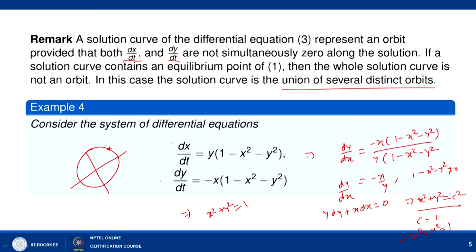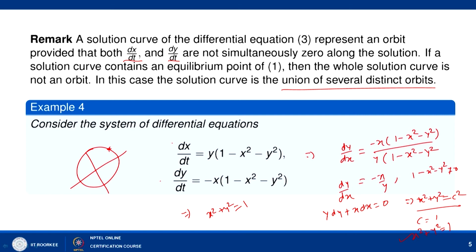So, here we are getting a constant solution, and a constant solution will not trace any path other than the point itself. So, on the unit circle every point is an orbit, because it will not trace any path other than the point itself.